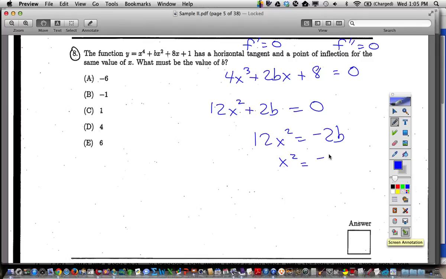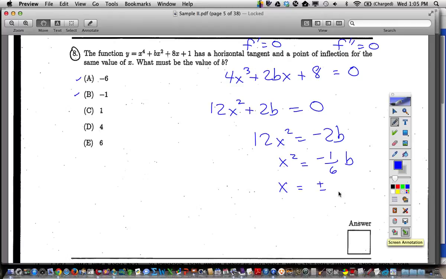Negative 1/6 b. And x would be the square root of that. Now it'll be plus or minus. And so that tells us b has probably got to be, I mean, I can tell right away that b is going to have to be negative, isn't it? So I've already narrowed it down to one of those two.